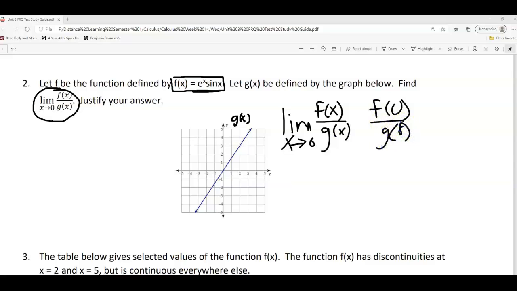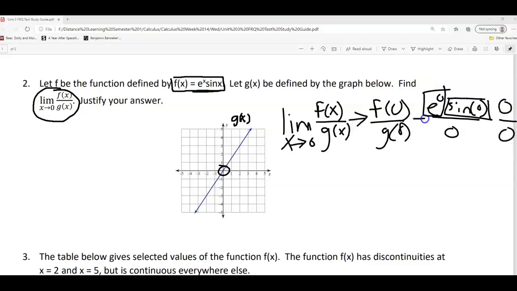Now, g of 0, that means what is the y value when x equals 0? Well, that's 0. And f of 0, that's going to be e to the 0 times sine of 0. And this equals 0, this equals 1, and 0 times 1 is 0. So we end up with an indeterminate form. So I don't want to put equal signs. I'm going to put arrows here, okay?